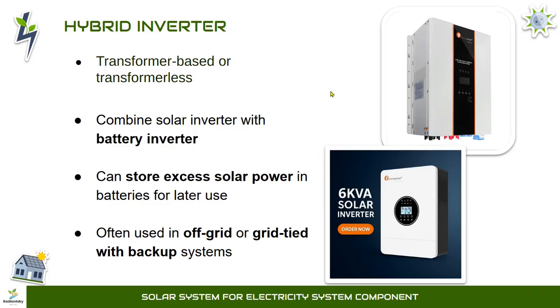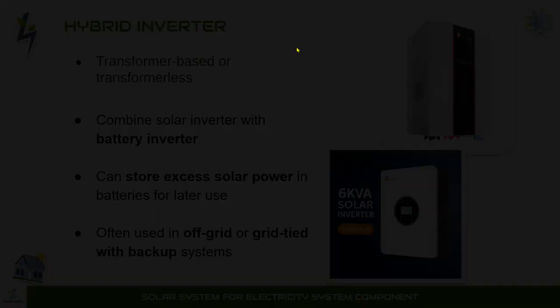They have the power to charge the battery, to convert DC current to AC current, and to charge your battery from the grid. They can come in different brands, sizes and capacities, but just understand the features and how it all works. So that is it on hybrid inverters.